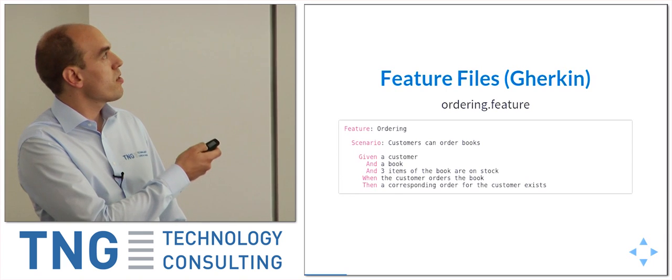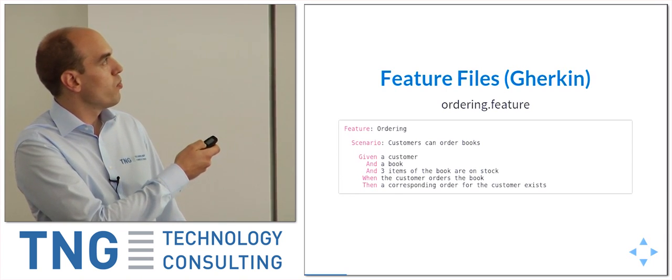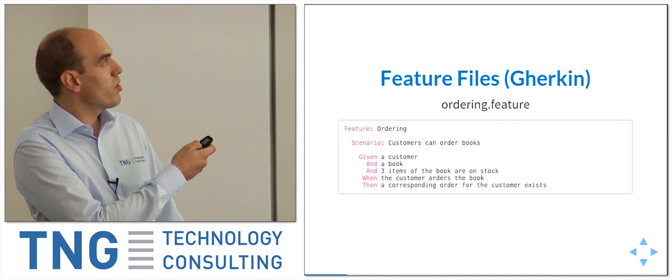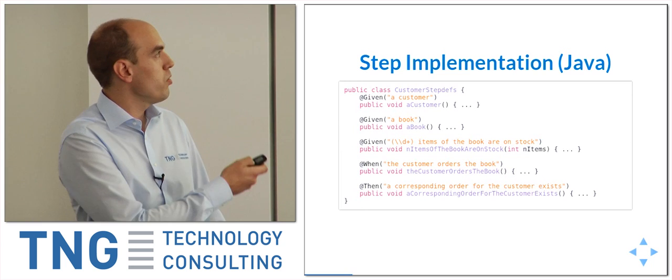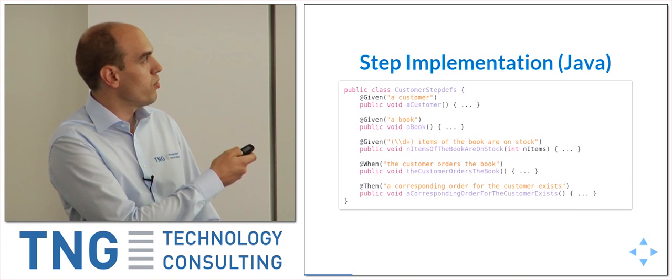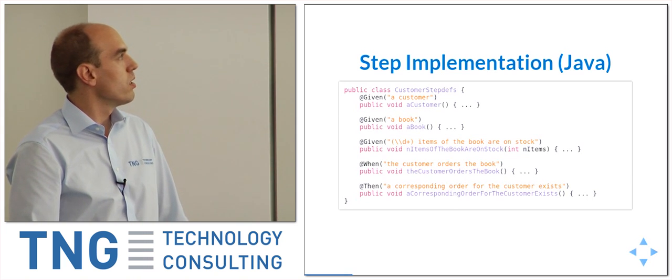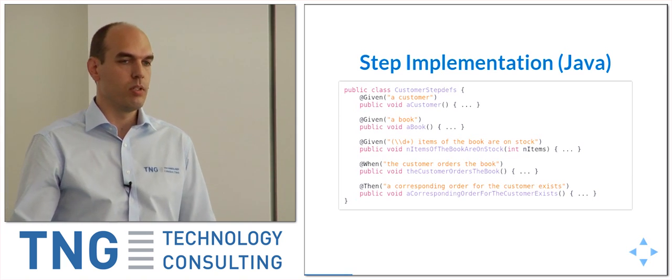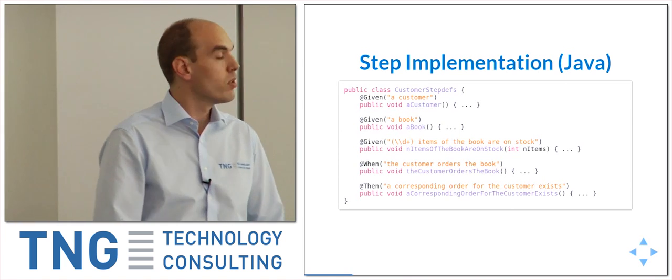So, for example, a customer method, and here you also have an annotation which says, okay, if the text matches a customer, then execute this method. And you can also have regular expressions, for example, if you want to have parameterized methods like that. And this is the way you link the text files to the execution.